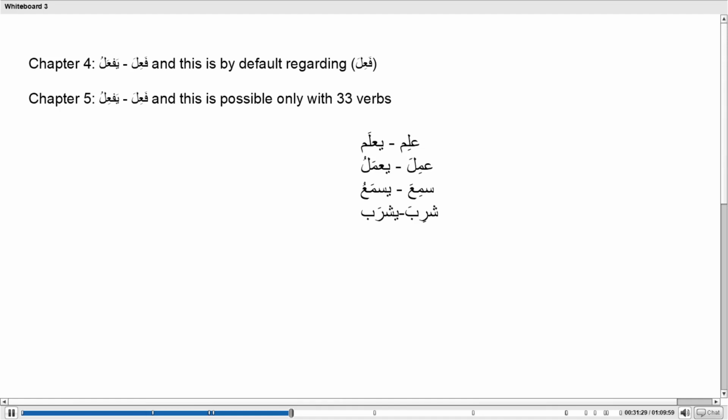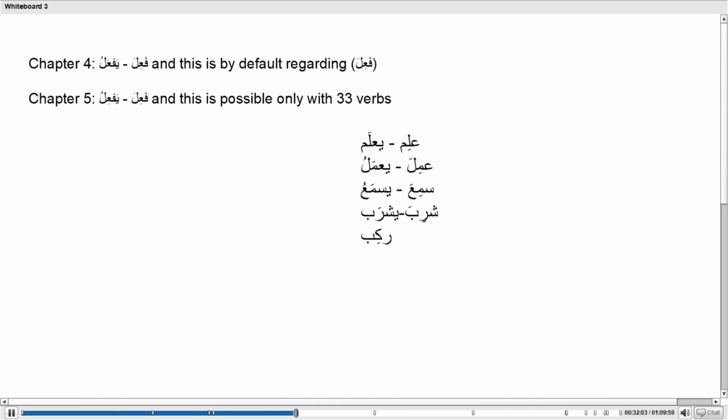And يأكل مما تأكلون منه ويشرب مما تشربون. شرب يشرب.